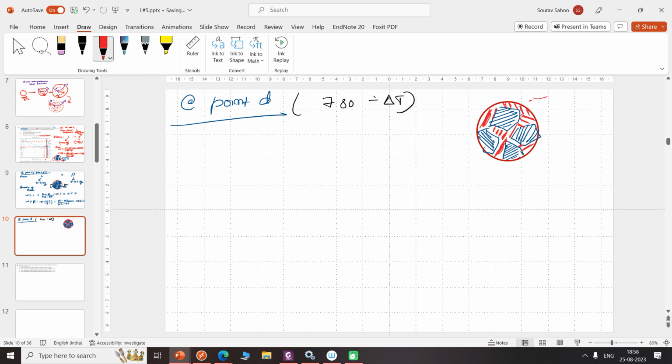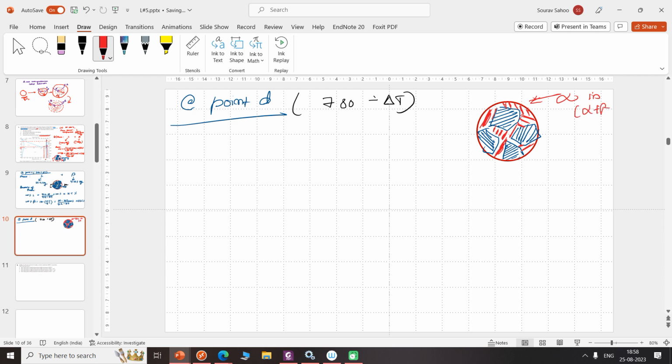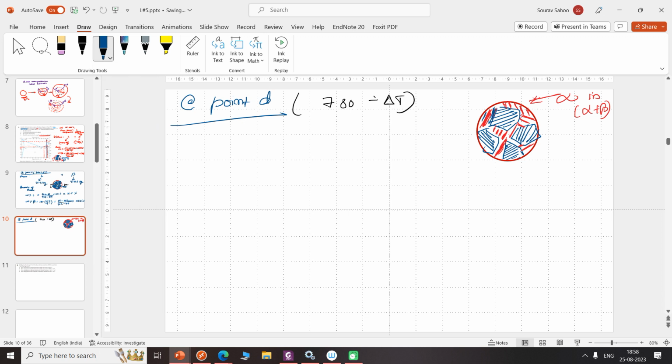This is alpha, by the way, and this is alpha in the alpha plus beta eutectic mixture, and the blue lamellae which are sandwiched between the red are beta.